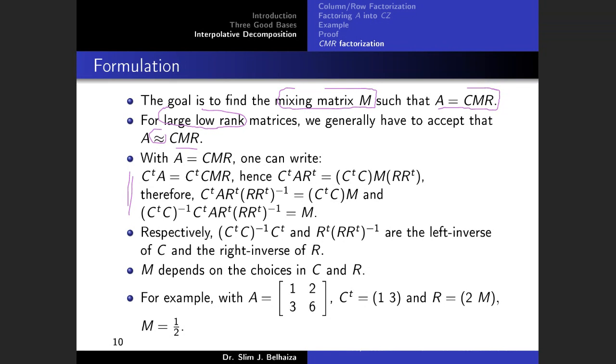Hopefully we can focus on this, guys, so I won't have to repeat it. If we focus on this, I will be able to solve 1 or 2 examples with this. So are you ready? Suppose that you have A equals CMR. If you multiply both sides by CT from the left, you keep exactly the same equality, right?